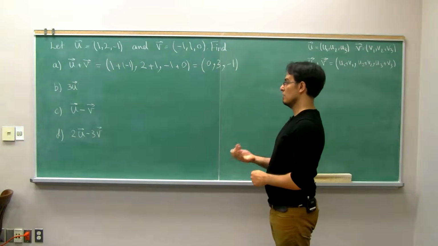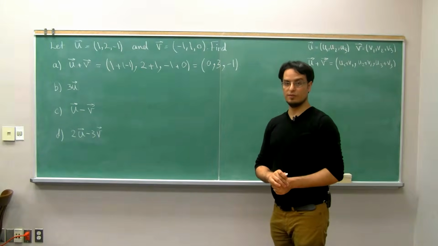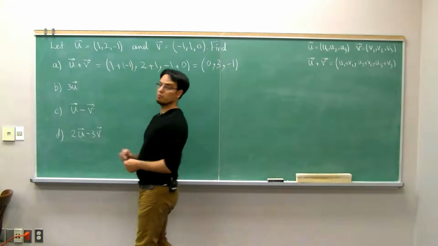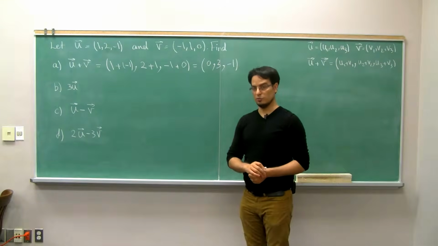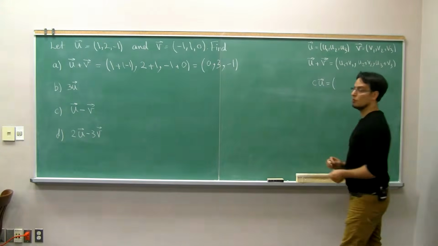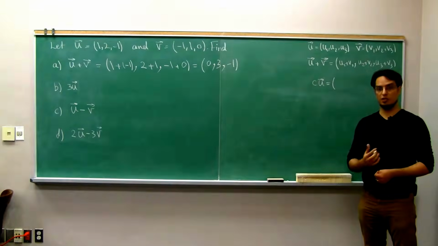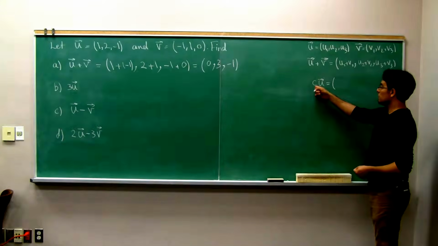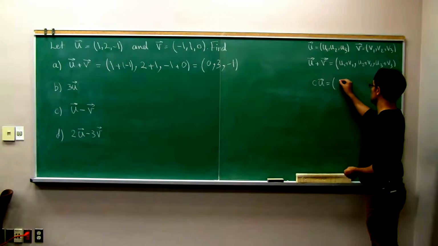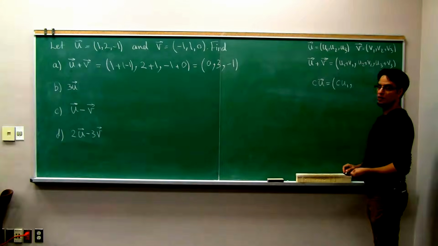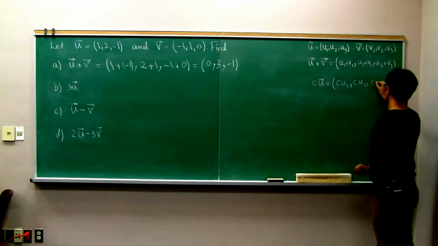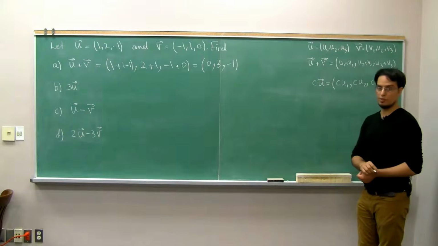Now, part B asks to find 3u. This is scalar multiplication. I have a number and I want to multiply it by a vector. That's called scalar multiplication. And this is how we do scalar multiplication in the general case. You multiply c to each component of u. So cu1 gives you the first component, cu2 gives you the second component, cu3 gives you the third component.